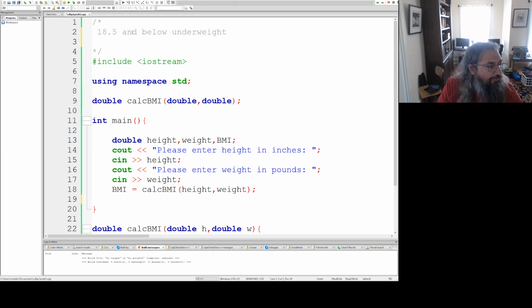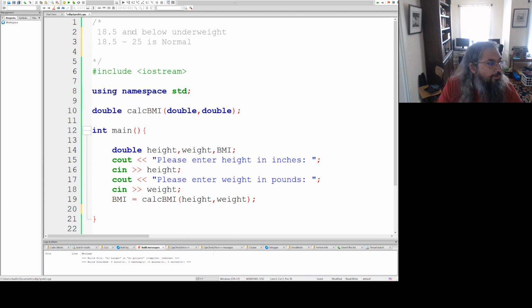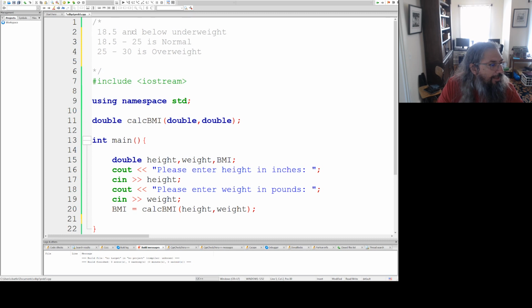And then I have 18.5 to 25 is normal. And I have 25 to 30 is overweight. And 30 plus is obese.